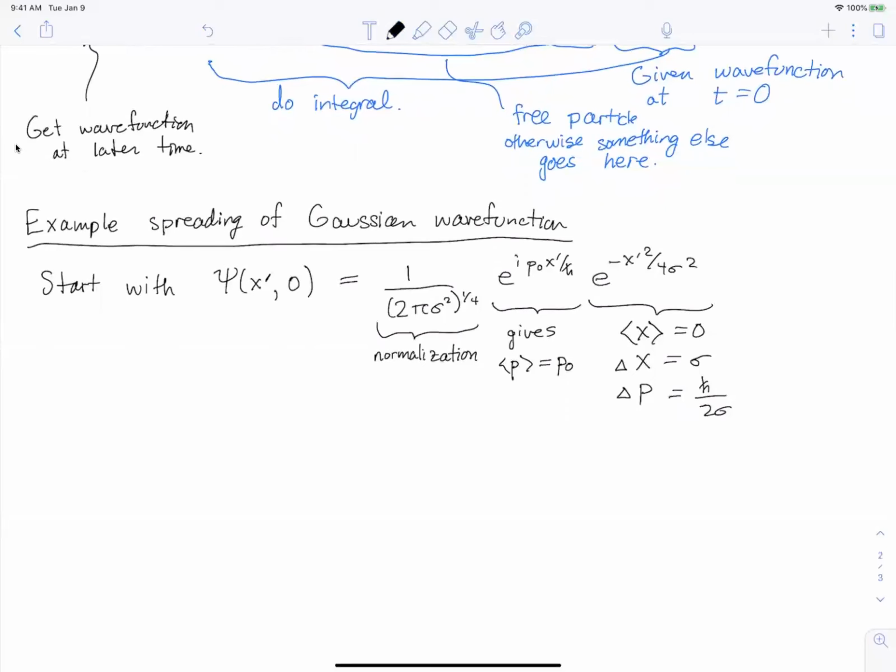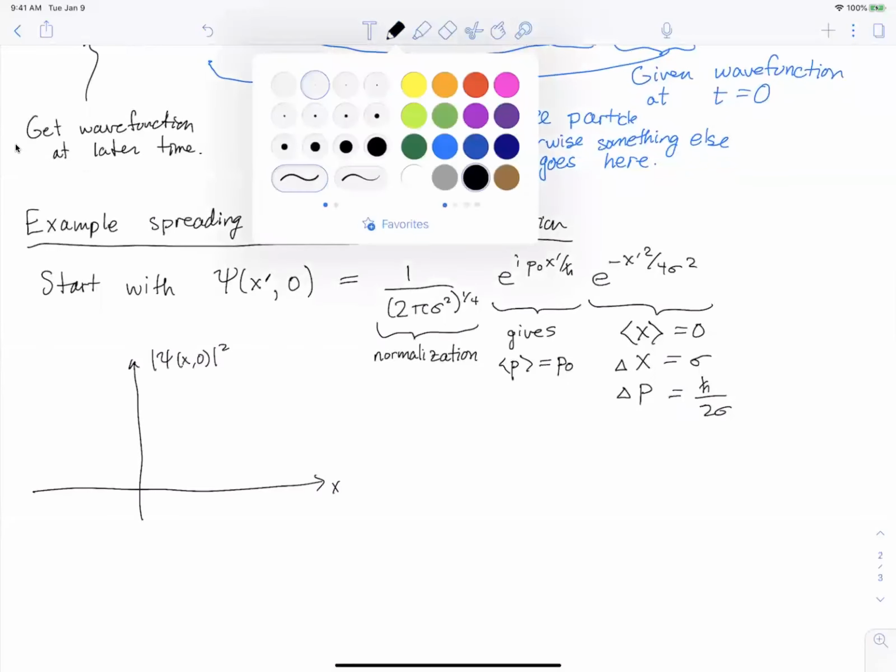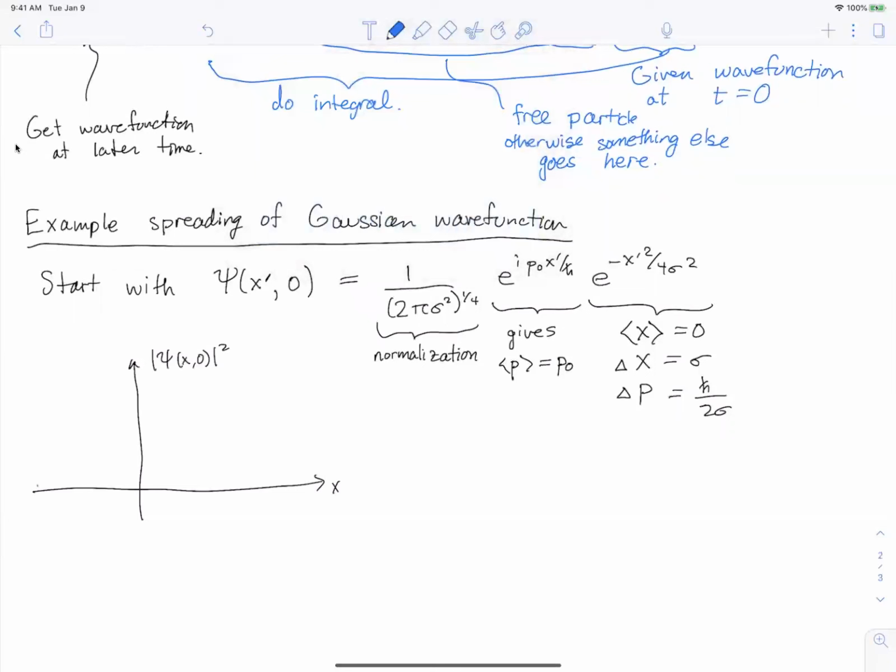Okay, and so if we graph as a function of position the square of this wave function, it looks like at time t equals 0, it's a Gaussian. It has width proportional to sigma, and the whole thing is supposed to be moving to the right with momentum p0.